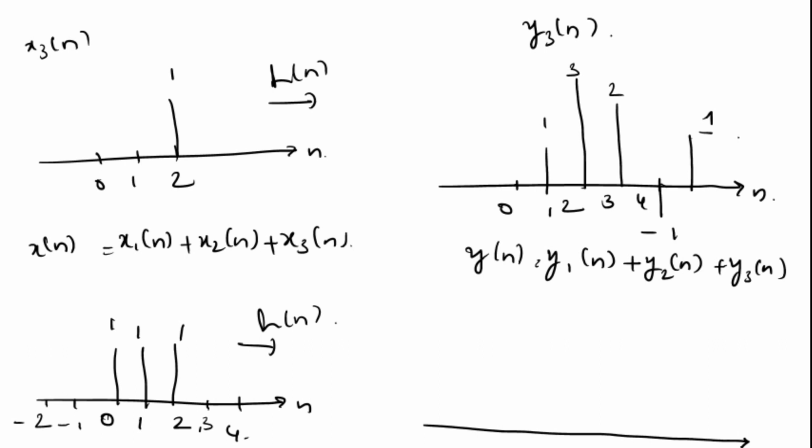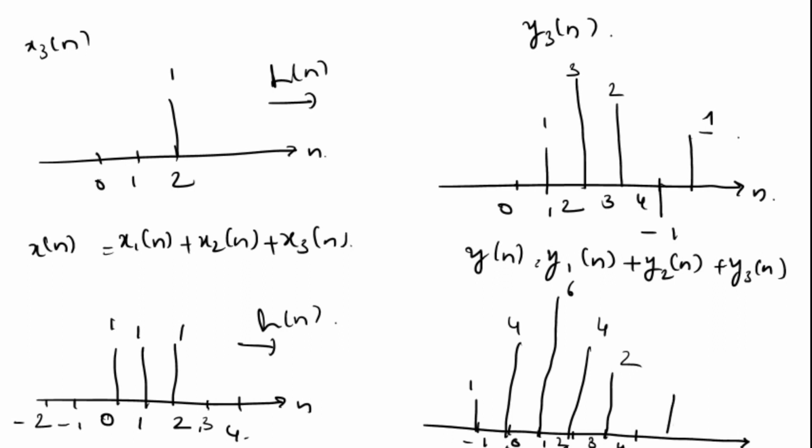We'll get the signal at -1, it is 1, at 0, it is 4, at 1, it is 6, at 2, it is 4, at 3, it is 2, at 4, it is 0, and at 5, it is 1.